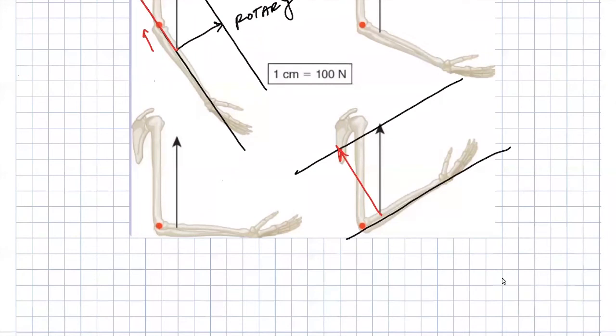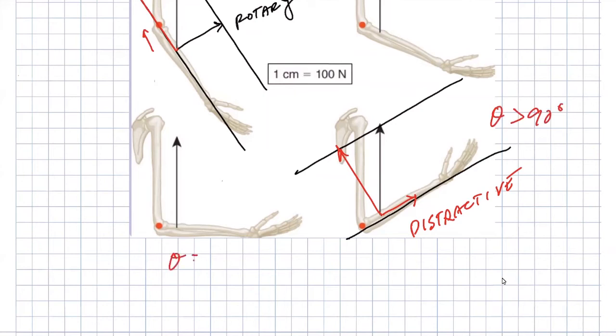And notice how, in this case, the horizontal component is actually pointing away, or distal to the elbow. So this would actually create a distracting force, or distractive force. It's pulling on the elbow. In this case, the angle is greater than 90 degrees.